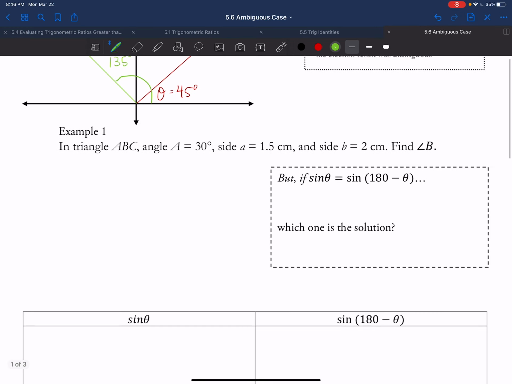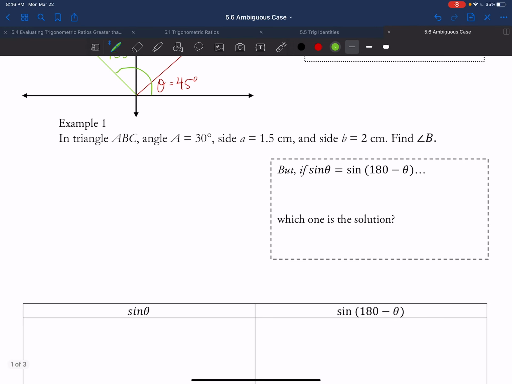So let's think about a triangle. I have angle A, which is 30 degrees, side A, which is 1.5, and side B, which is 2.